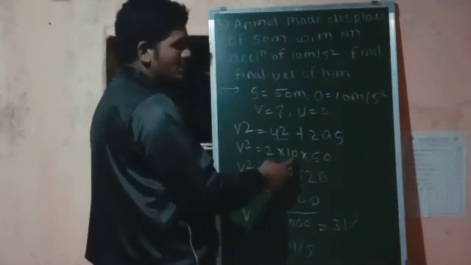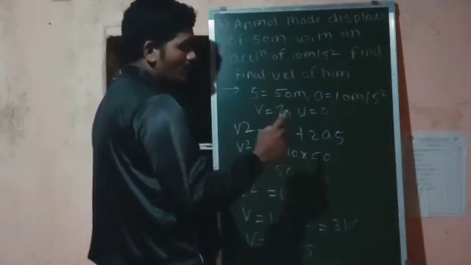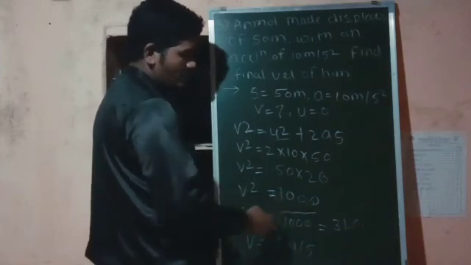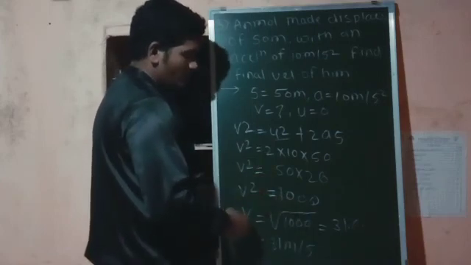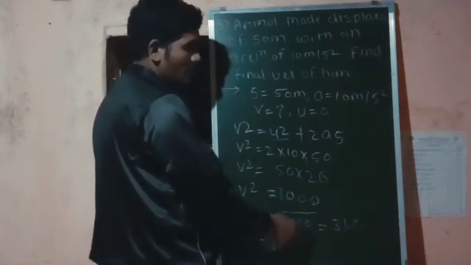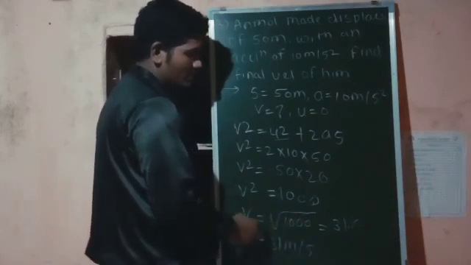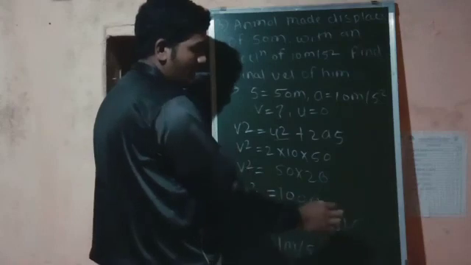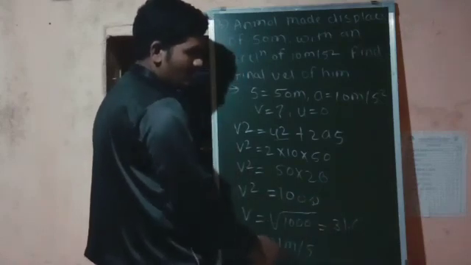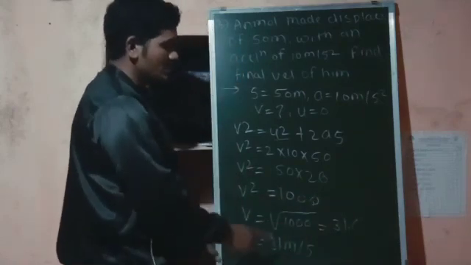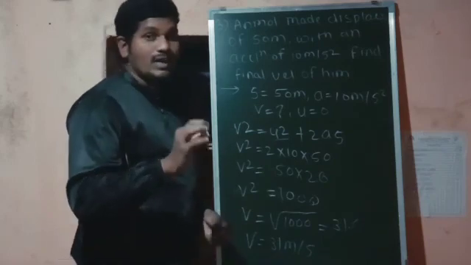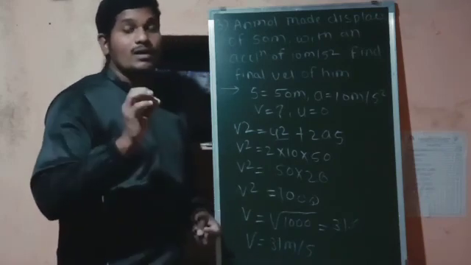So 2 into 10 is 20, 20 into 50 is 1000. So v square is equal to 1000. We want the value of v, so v will be the square root of 1000. It is okay if you are keeping the value in the square root, but if you want the exact answer, you can calculate the exact value, so it will be near about 31 meter per second. This is how we have calculated with the help of the formula.